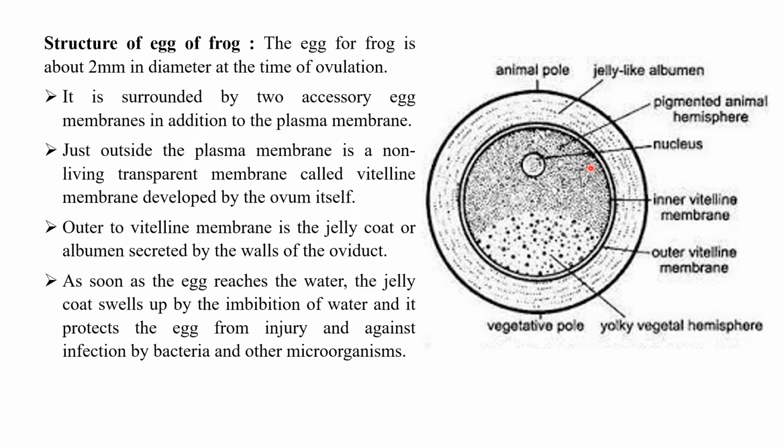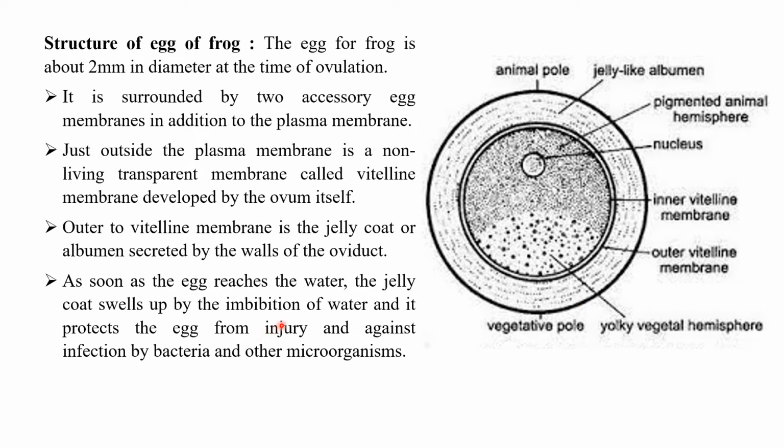Outer to the vitelline membrane is the jelly coat or albumin secreted by the walls of the oviduct. So you can see here this is the vitelline membrane, and outer to that there is a thick membrane which is composed of a jelly-like albumin which is secreted by the oviduct.